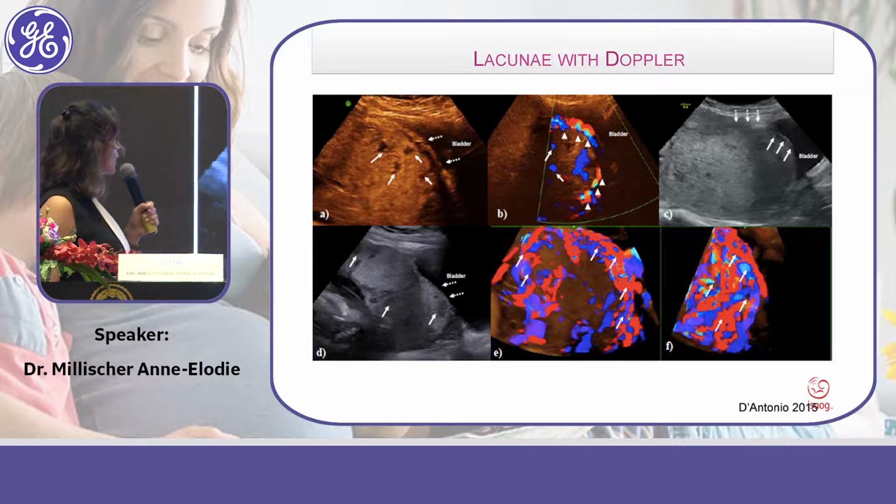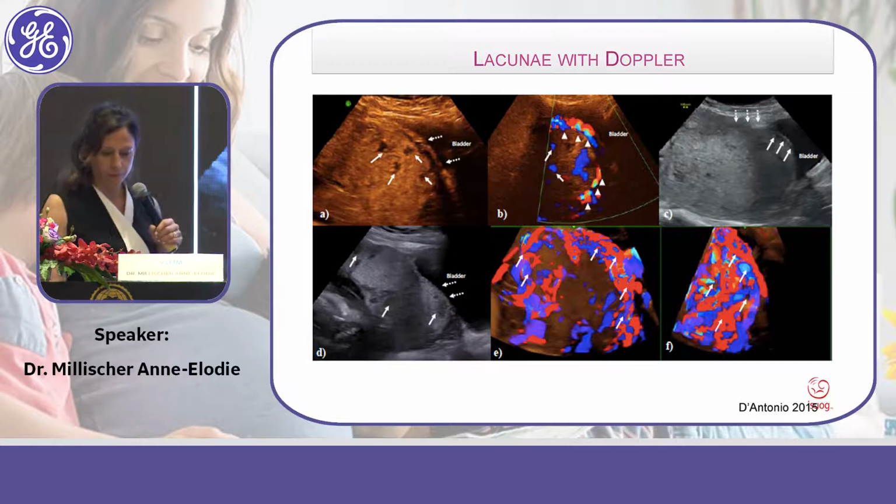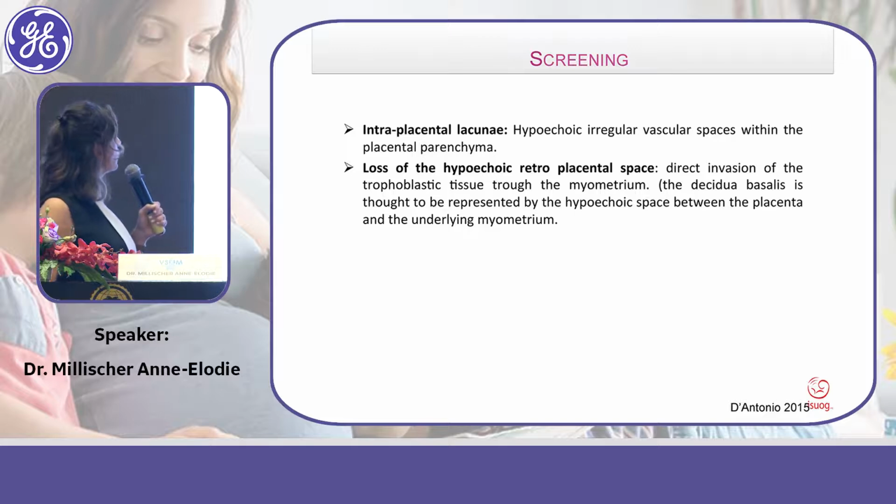And when you put Doppler, you can see that there's a lot of vascularization inside those lacunae. Và khi các bạn bỏ Doppler lên thì các bạn thấy các xoang mạch máu này bắt màu rất mạnh và rất là nhiều.